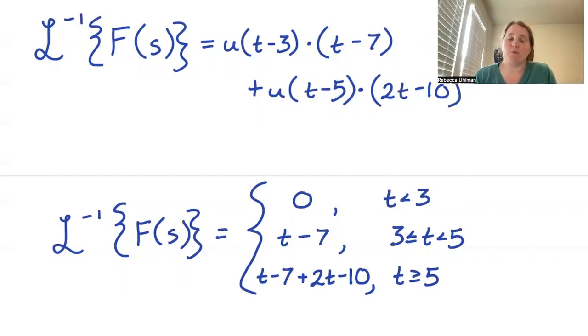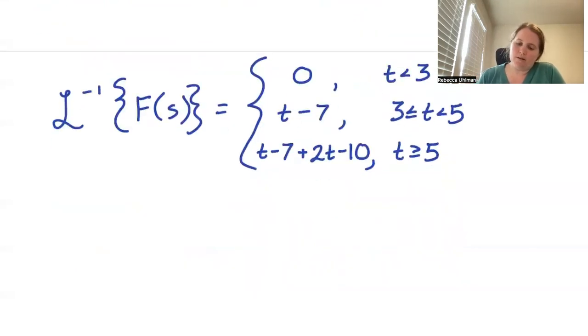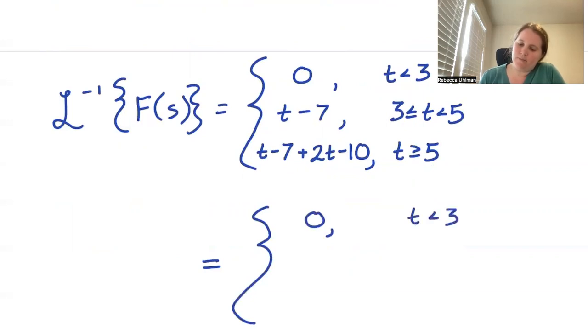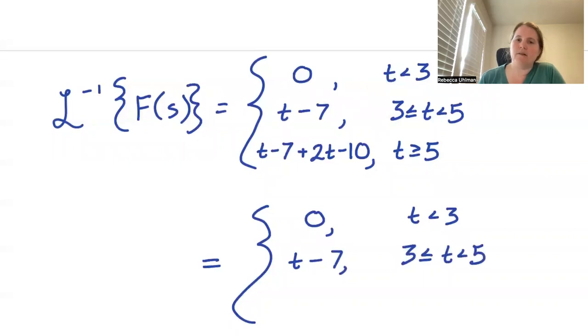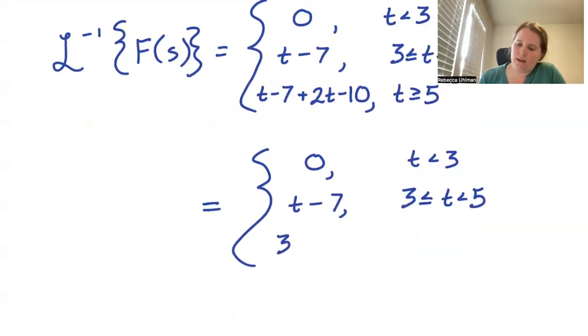So we would have both components. And so we wind up getting that our piecewise function is 0 for t less than 3, t minus 7 for 3 less than or equal to t less than 5, and then 3t minus 17 for t greater than or equal to 5.